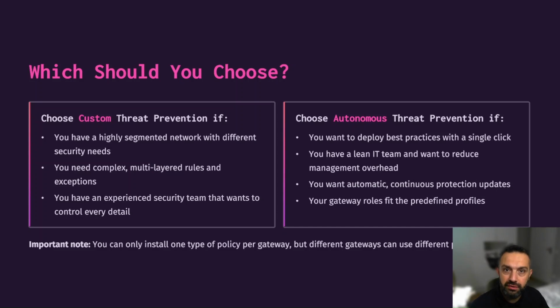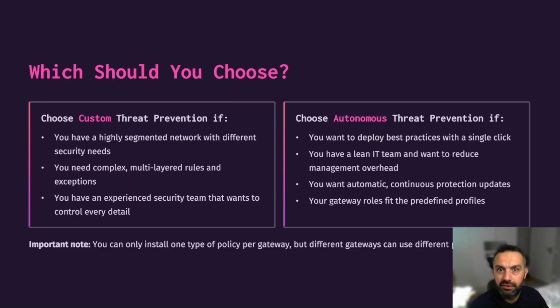And you can choose autonomous threat prevention if you want to deploy Checkpoint's recommended best practices with a single click, you have a lean IT team and want to reduce management overhead, you want to ensure your protections are always up to date without constant manual intervention, or your gateway roles fit neatly into the predefined profiles like perimeter, data center or internal.